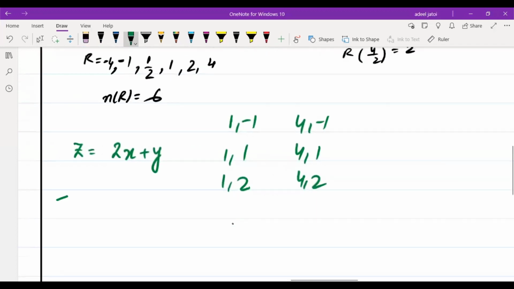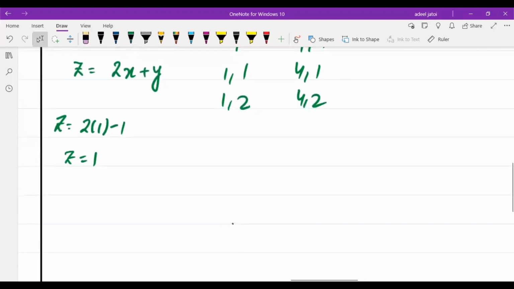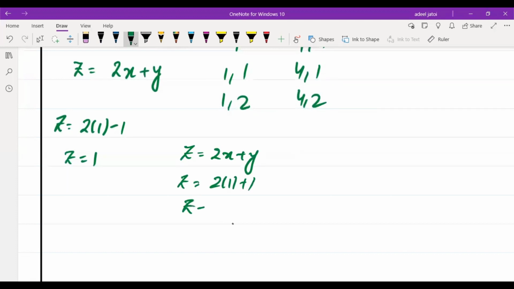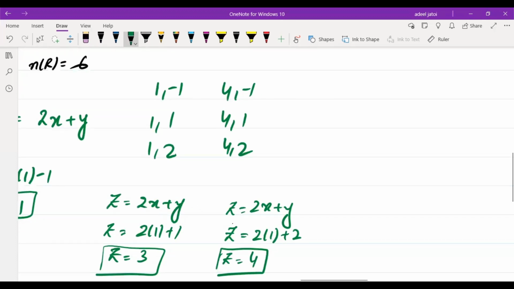Let's say z is 2(1) and -1. So z will become what? 1. Similarly, since z is 2x plus y, the other coordinate is (1, 1). So 2 plus 1 will become what? 3. Then again z is 2x plus y, 2(1) plus 2. So this should be what? 4. So 1, 3, 4 are the 3 values using the first 3 coordinates.